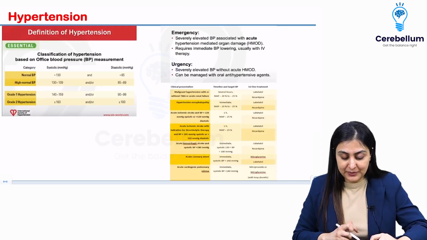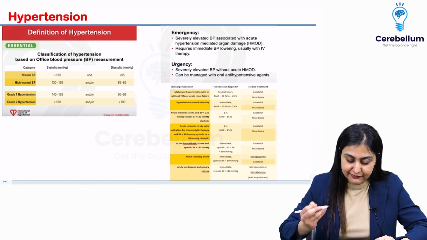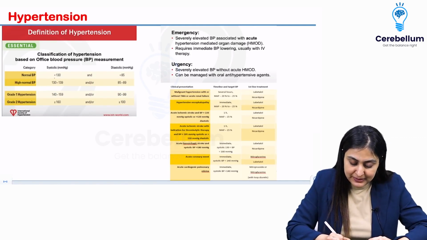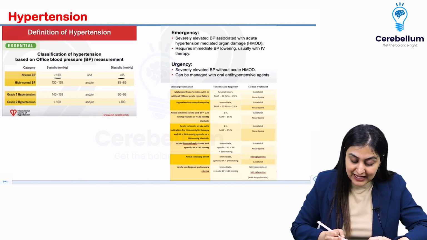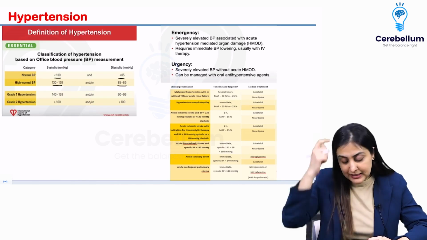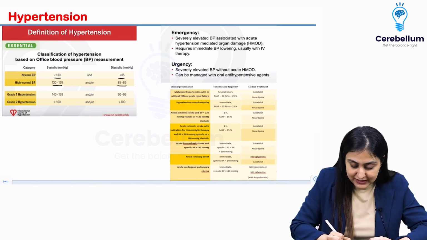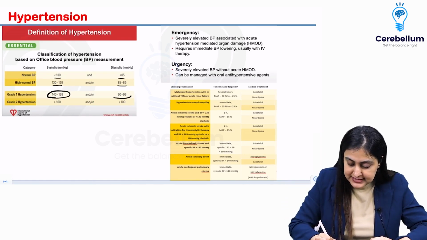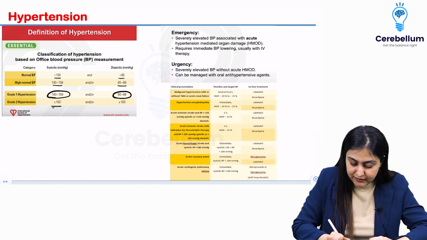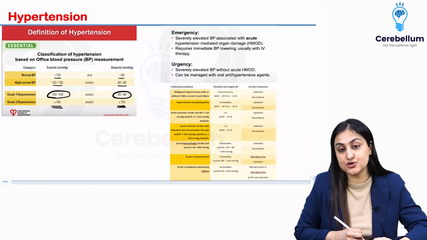Lastly, talking about a few updates of the hypertension. So this is the definition. Remember, normal BP is 130/85, high normal BP is considered to be till 140 and 90. So grade 1 is 140 to 160 or 90 to 100 diastolic, and 160 and 100 is your grade 2 hypertension.